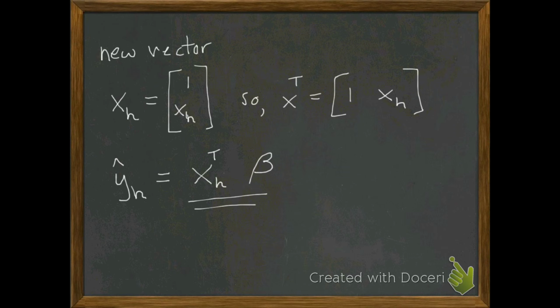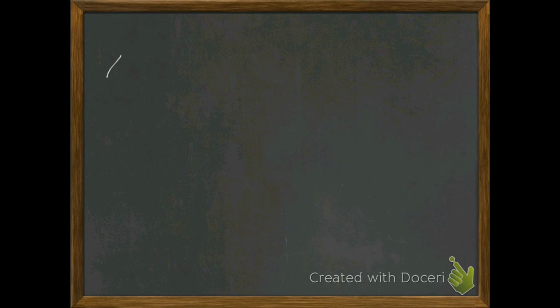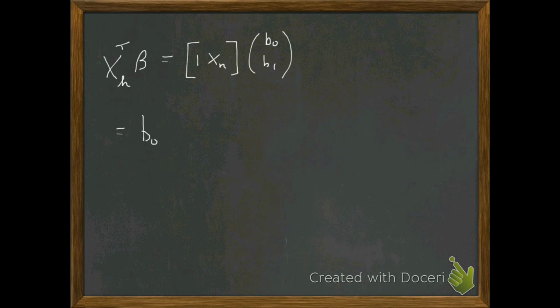Let's examine this a little bit closer. So we got x_h transpose beta. So this is going to be 1 x_h times beta 0, beta 1, which is going to be beta 0 plus beta 1 x_h.